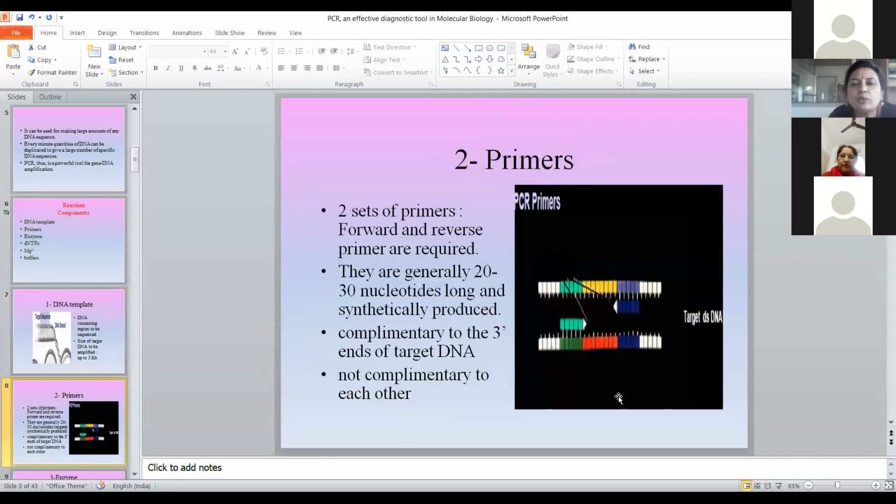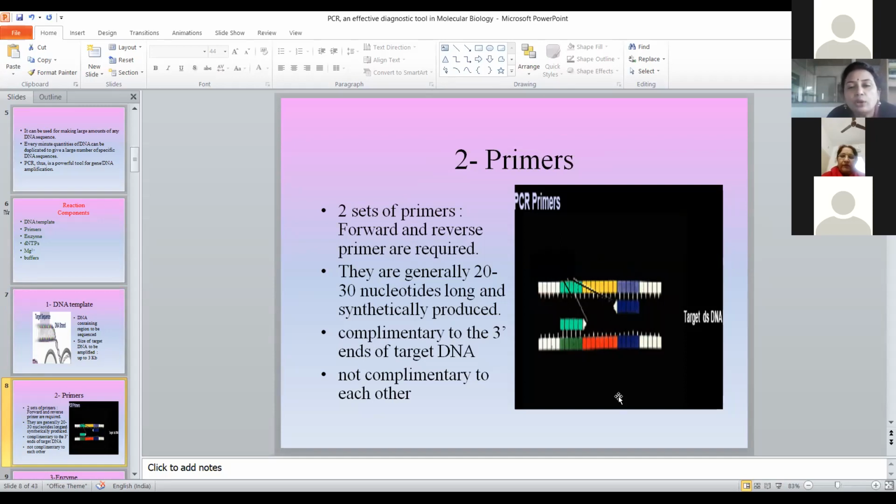Now, secondly, we require primers, right? Second requirement for PCR reaction. 2 sets of primers are required, forward primer and reverse primer. Okay, so on one strand, forward primer will be used, and on another DNA template, reverse primer will be used. Now, primers are generally 20 to 30 nucleotides long, and they are synthetically produced.